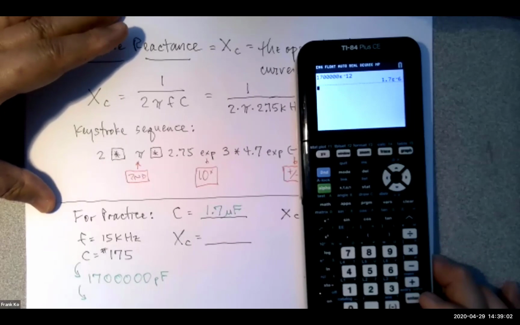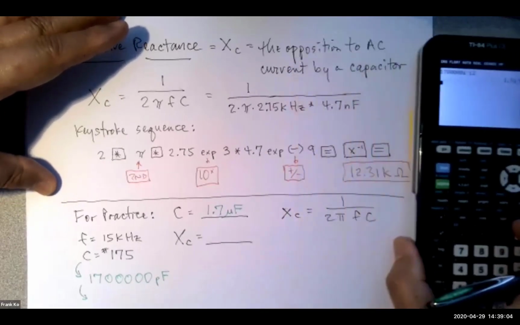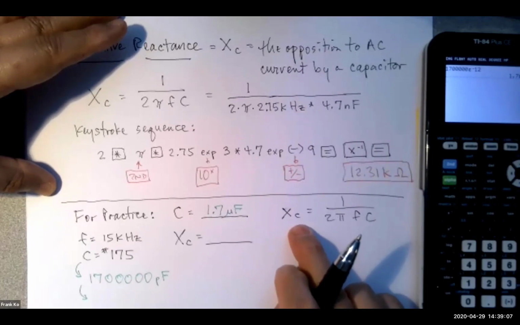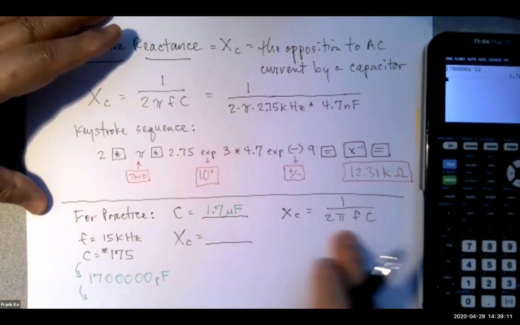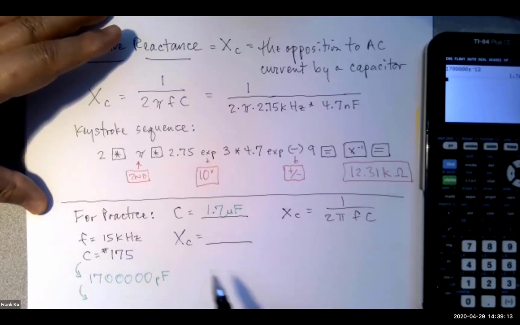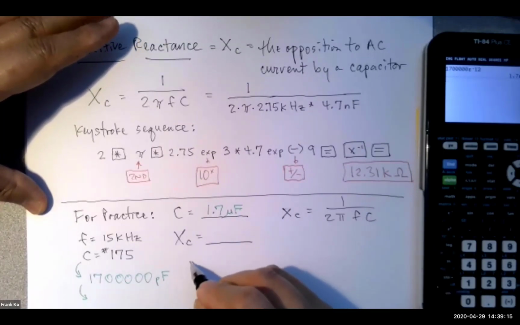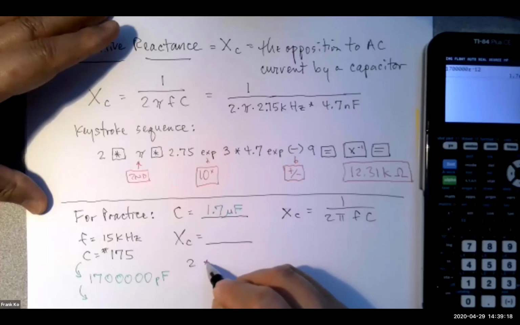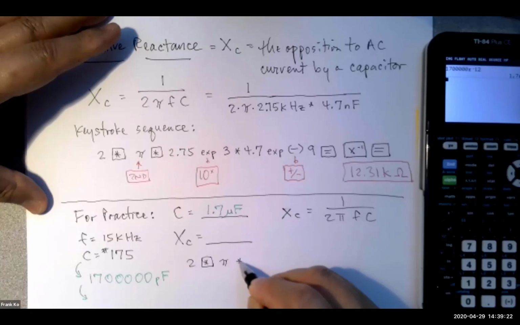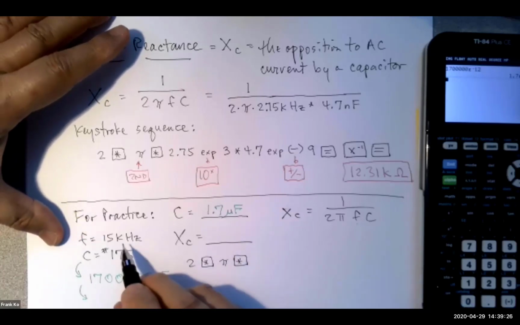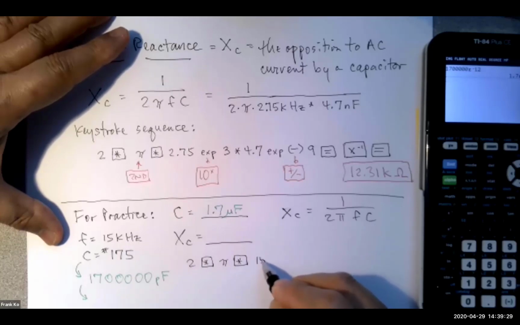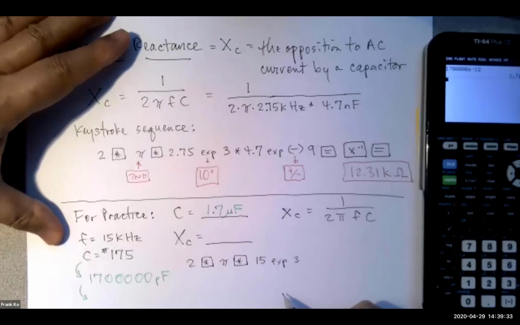So far, so good? Now we want to take this information and calculate X sub C. What is my keystroke sequence to get to X sub C? We write out our denominator. So it will be 2 times pi times, in this case, the frequency, which is given as 15 exponent 3.